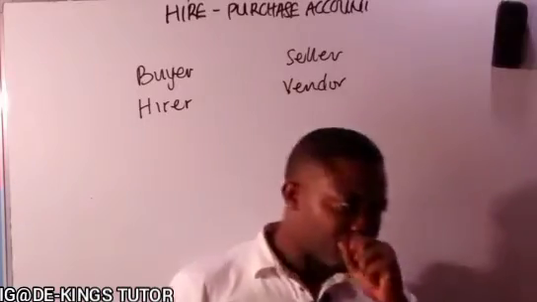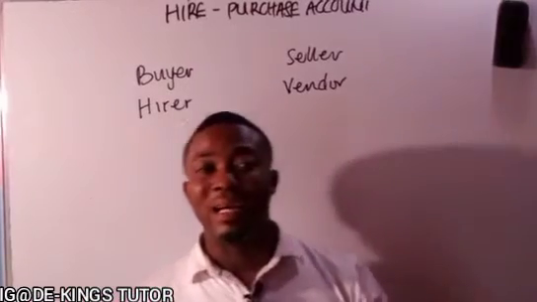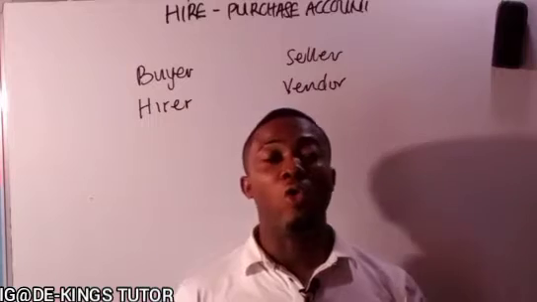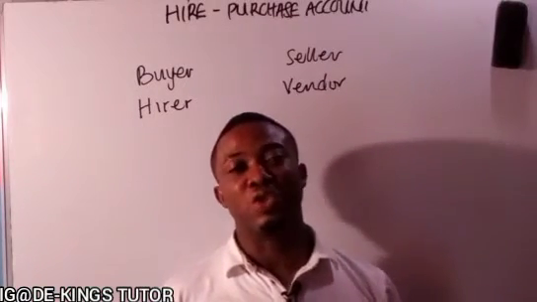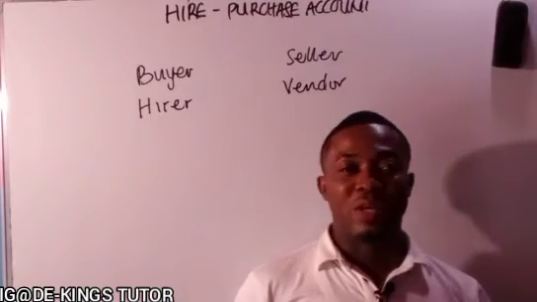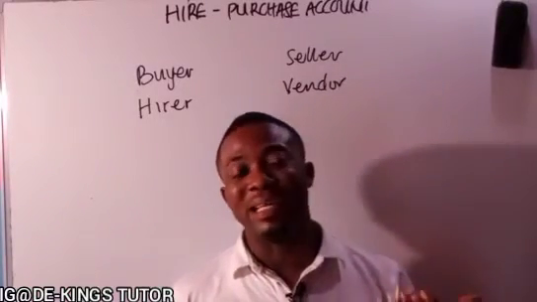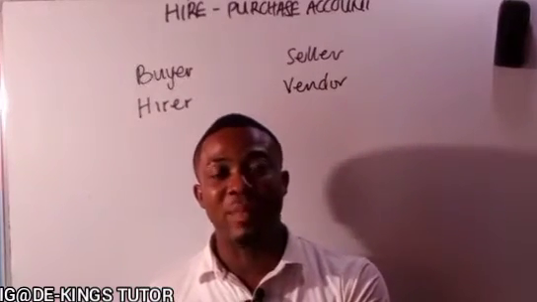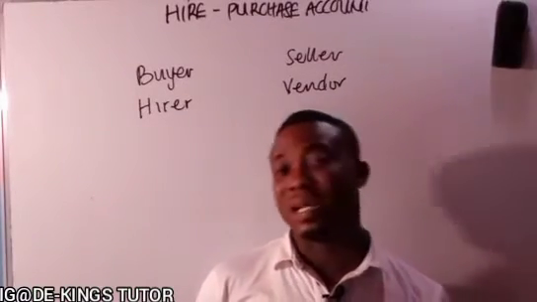Let's say, for instance, you have an individual that wants to buy an asset but does not have the whole sum to pay for it, and he can get a hire purchase contract. He is saying, I have interest in this asset, but I do not have the full money to pay, so he makes a deposit, and then he has to make installment payments until he clears all the amount attached to that asset.